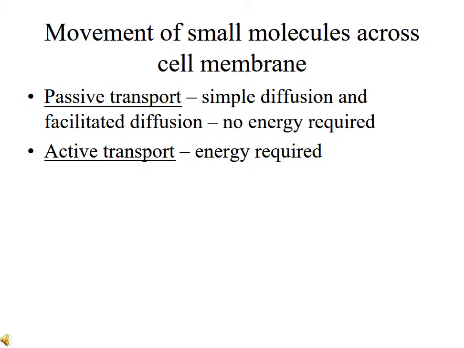There's no energy required in movement of molecules across a cell membrane in passive transport. In active transport, energy is required. Nothing will move through a cell without the utilization of energy. So now let's look at passive transport and active transport on the next slide.